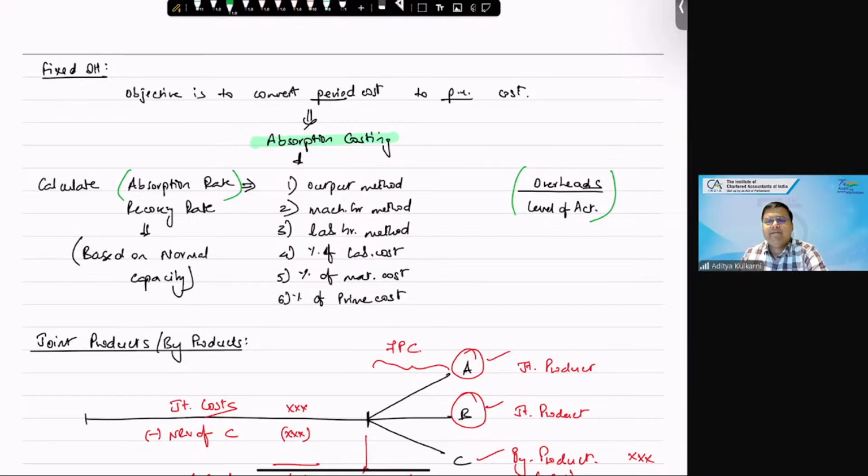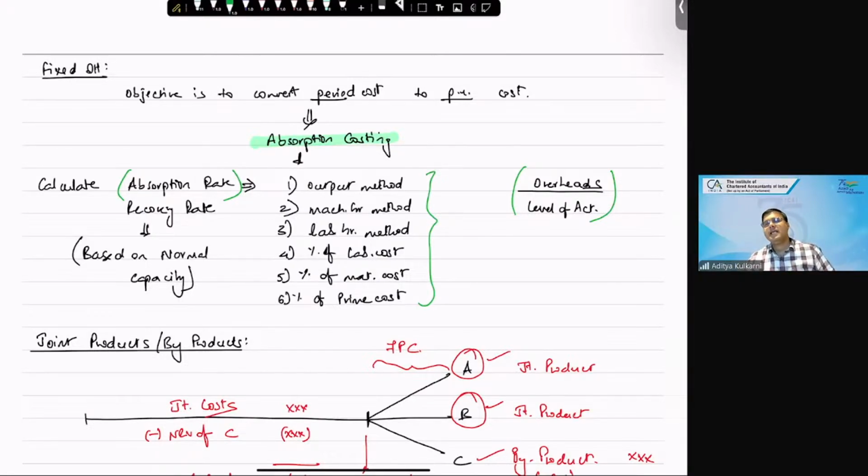So when I talk about level of activity, I have 6 types: output method, machine hour method, labor hour method, percentage of labor cost, percentage of material cost, percentage of prime cost. Obviously, these 6 methods are not at all important for you to remember. But I just wanted to give you an understanding of how absorption actually happens.